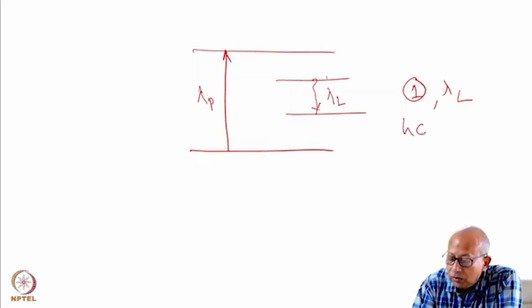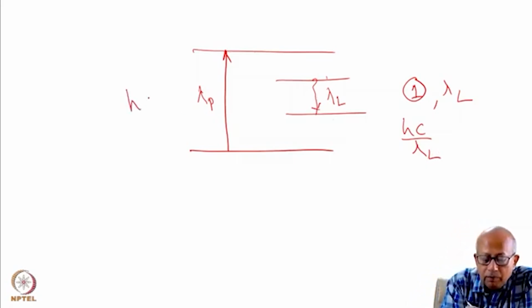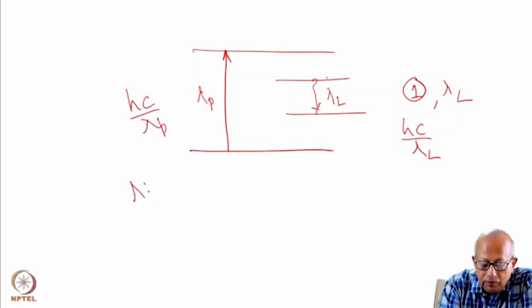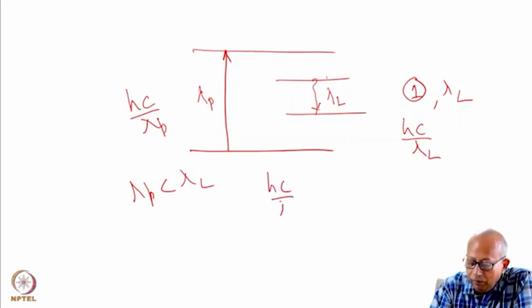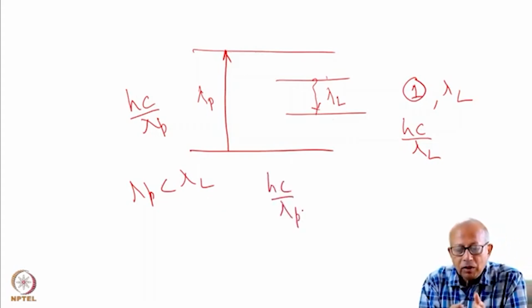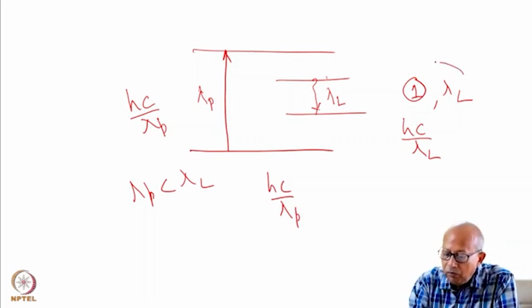The photon's energy would be simply hc by lambda L. You will have to expend a pump energy of hc by lambda p. As lambda p is less than lambda L, hc by lambda p is the energy that is required to be pumped for the generation of a single photon.